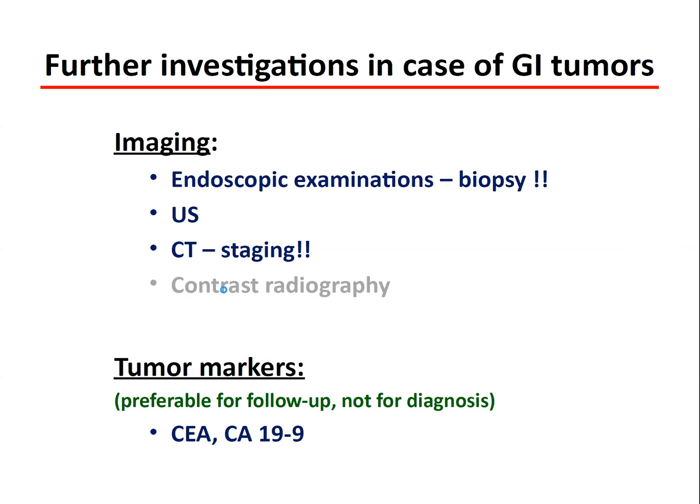This is what we are going to discuss later on, because the efficacy of the treatment should be checked by using a tumor marker. If you perform a test for this tumor marker before the operation, you see the level, and after the operation it should decrease back to the normal limit. If not, it means that we still have some metastasis or some other tumor left in the body.